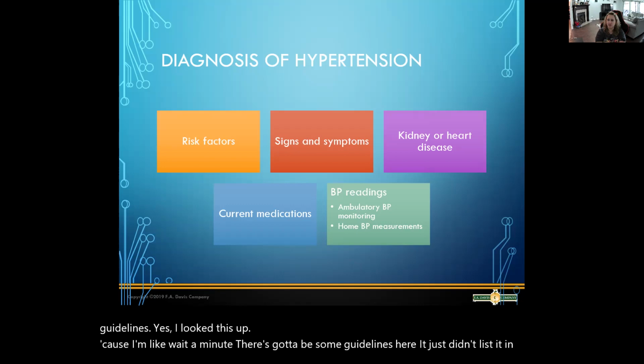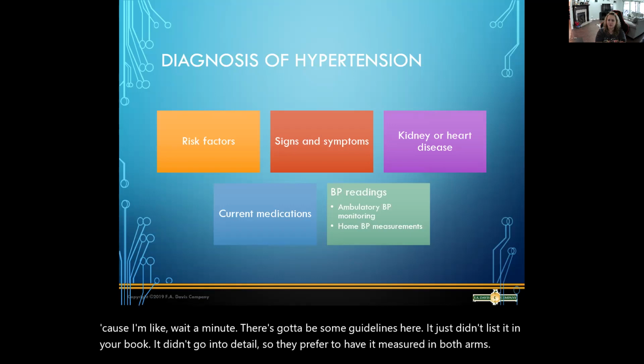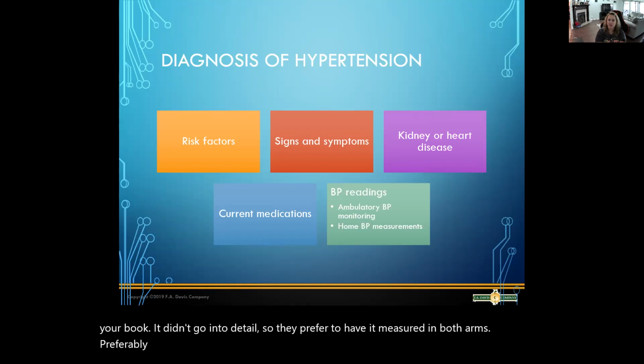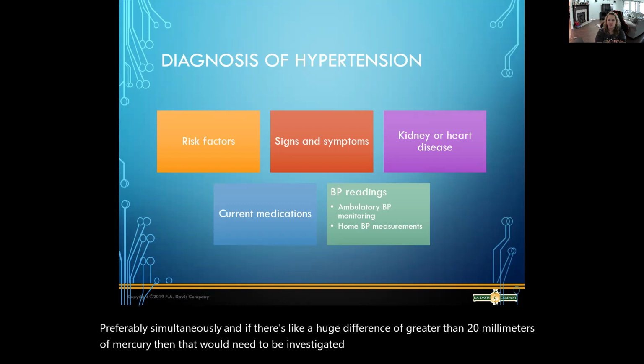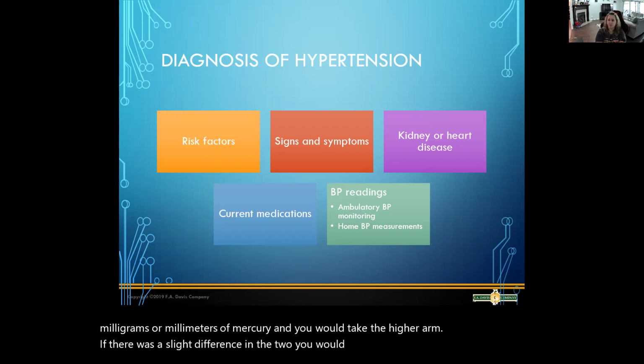So they prefer to have it measured in both arms, preferably simultaneously. If there's a huge difference of greater than 20 millimeters of mercury, that would need to be investigated. But as long as it's within 10 millimeters of mercury, you would take the higher arm. If there was a slight difference in the two, you would use the arm that was higher.